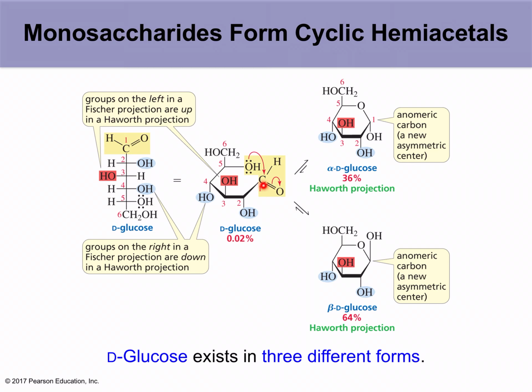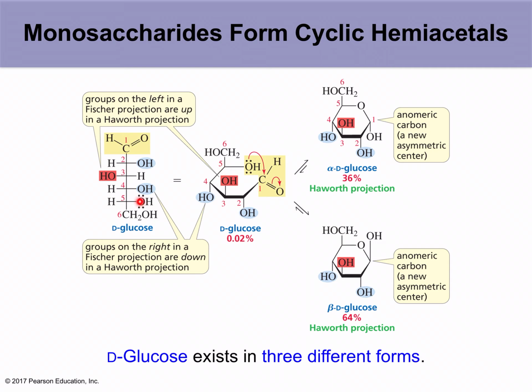Number 1 carbon is your carbonyl group. Number 2 is on the right, so the OH is facing down. Number 3 is on the left, facing up. Number 4 is on the right, facing down. And on the 5th carbon, you can see there is an OH group.